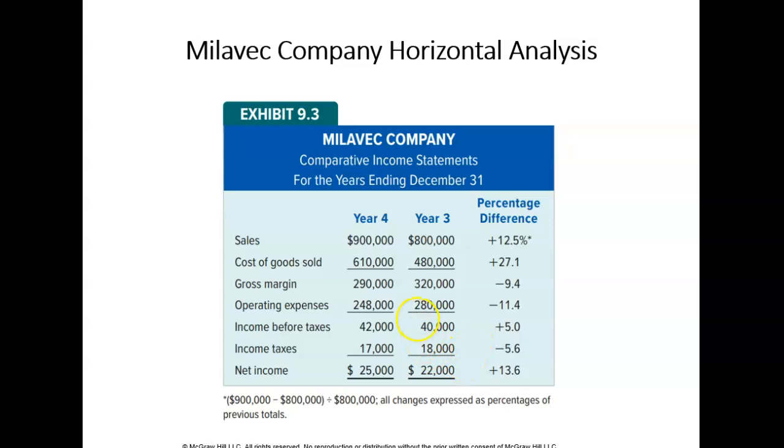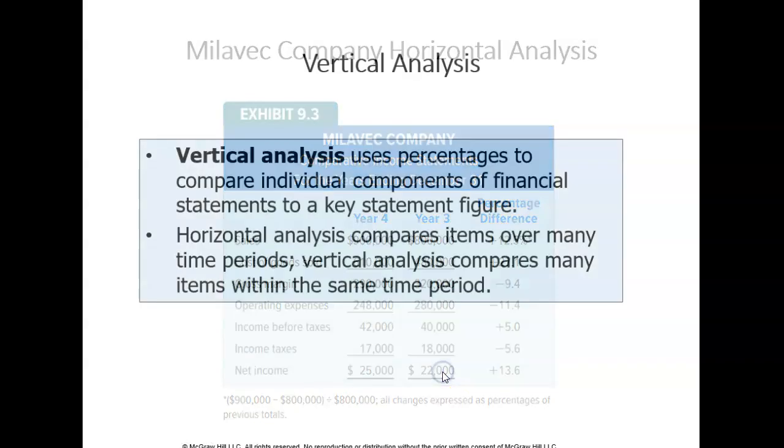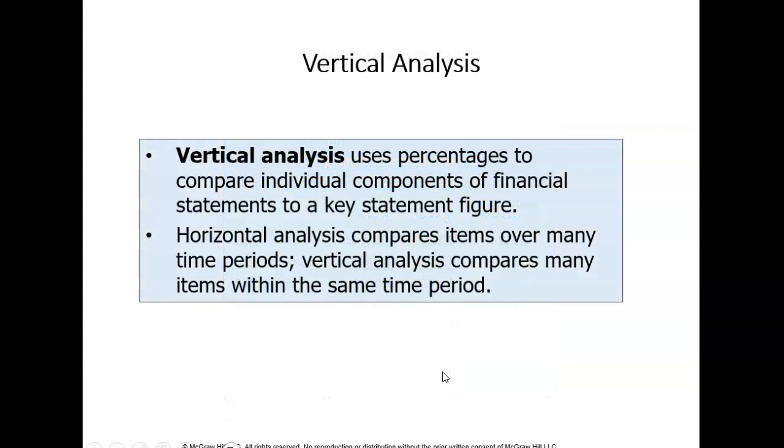Okay? And then overall, the income taxes decreased by 5.6%. And overall, we had a net income increase of 13.6% from year three to year four. So with the horizontal analysis, you're comparing data from one year to the next year.